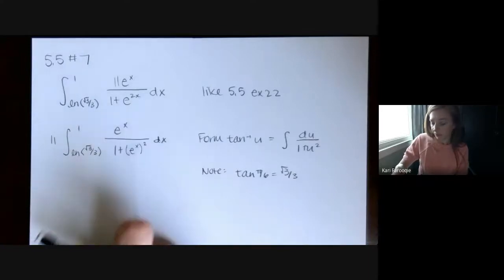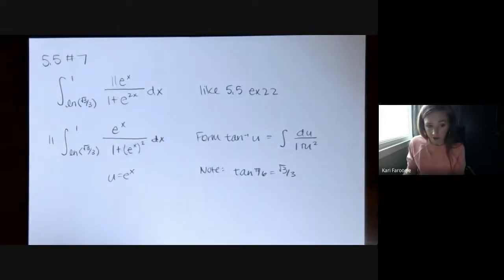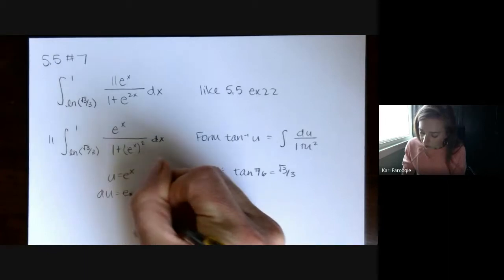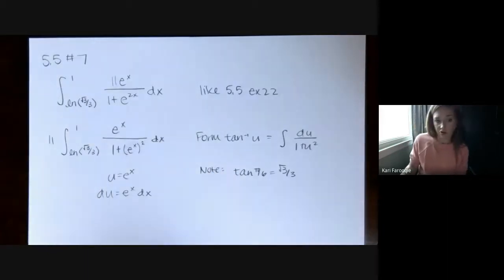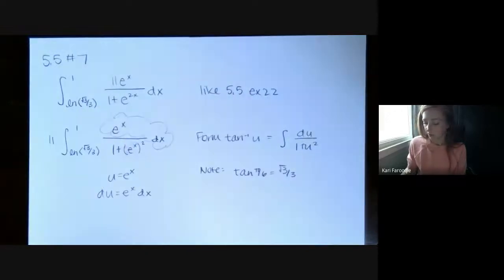So if you let u be equal to e to the x, then u squared is e to the x squared, which is also known as e to the 2x. du is e to the x dx, which is excellent because that's what we've got. So there's your du.